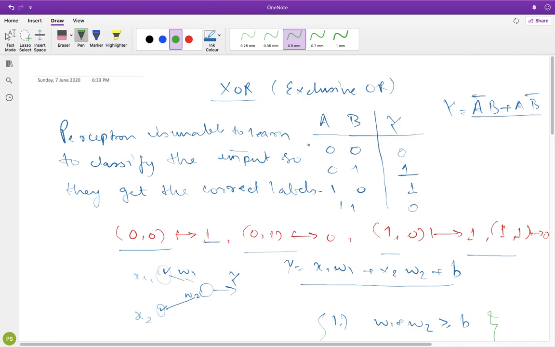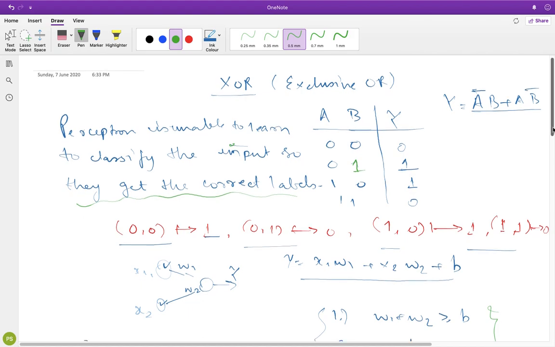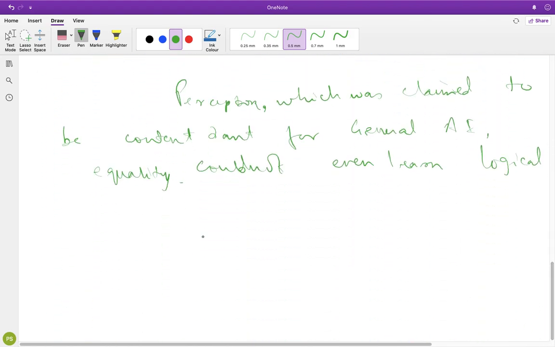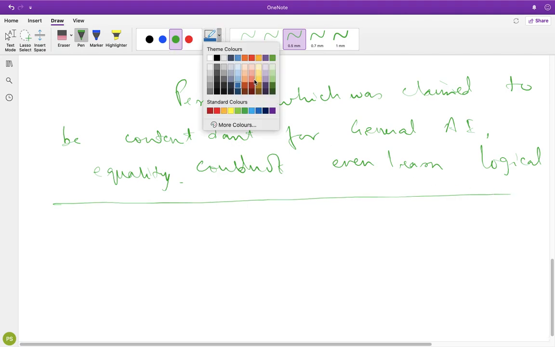So the perceptron is unable to classify the inputs. It cannot distinguish between 0 0 to get 0 and 0 1 to get 1. So these cannot get the correct labels, and hence it cannot provide the solution for the XOR problem.